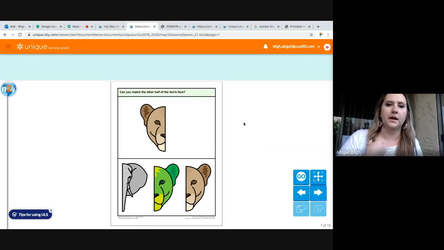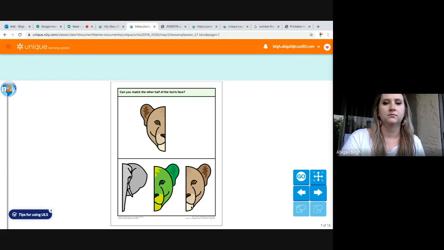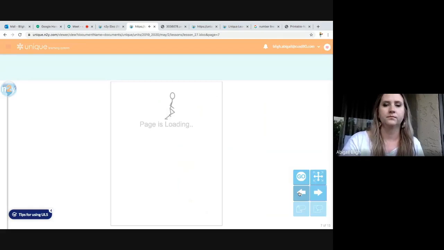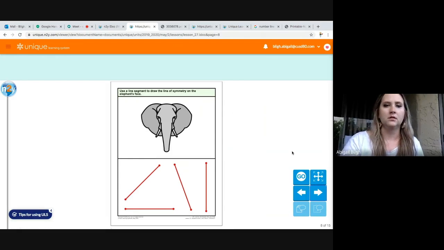All right, next page. I want you to try this one on your own. If you chose this one, you are correct. All right, an elephant. I would like you to try this one on your own.